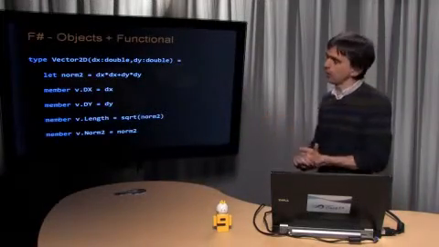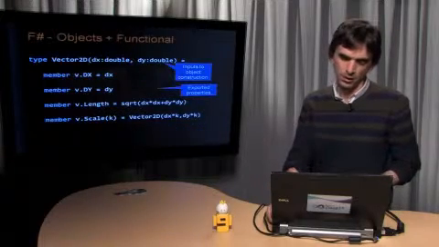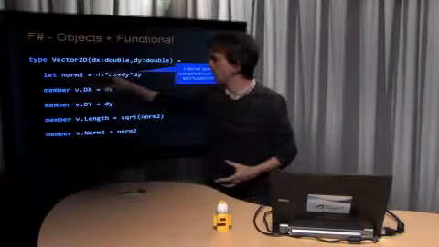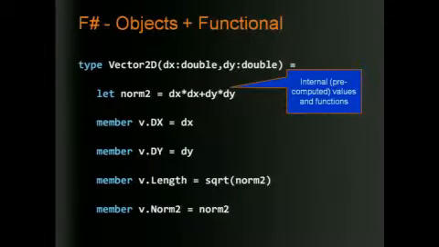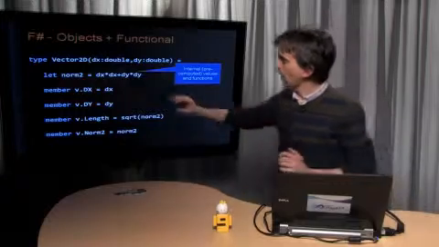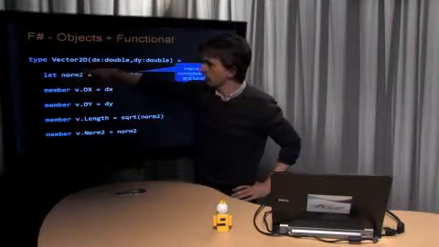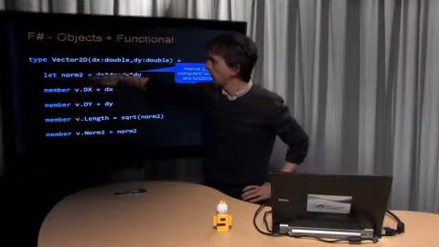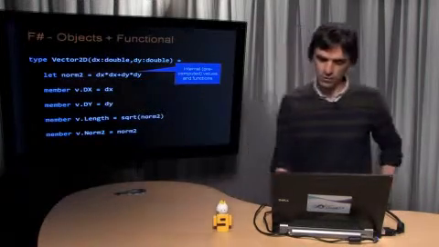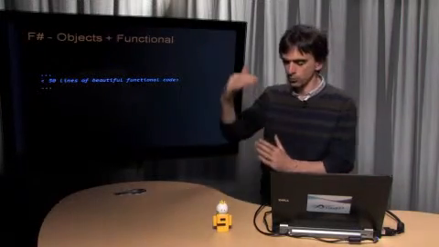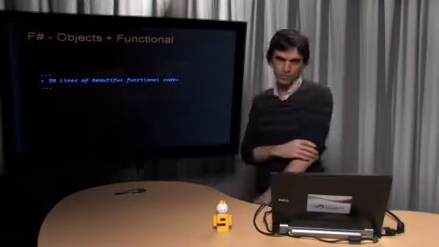Okay, we can define some internal state to the object. So this is a pre-computed value, norm2, which can then be used throughout the object, internal pre-computed values and functions. Just to say, the fact that you can have any functional programming code, your let bindings, your values and your function definitions here, in this section here leads to a very nice smoothness in transition between scripting programming and more structured object-oriented programming.